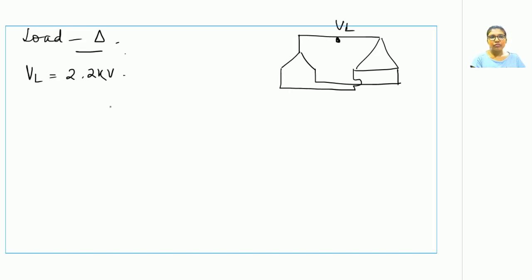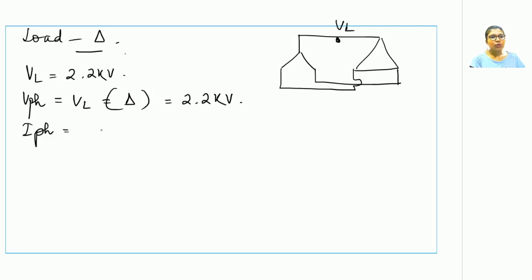From here, can we figure out V phase? Yes. V phase will be equal to VL since it's a delta connection, which will come out to be 2.2 kilovolts. Now, in order to find out this I phase, one requires the value of Z phase. In this question, nothing is mentioned about the load parameters.